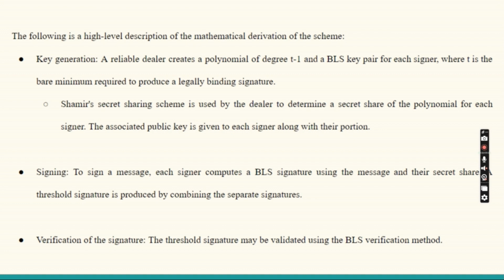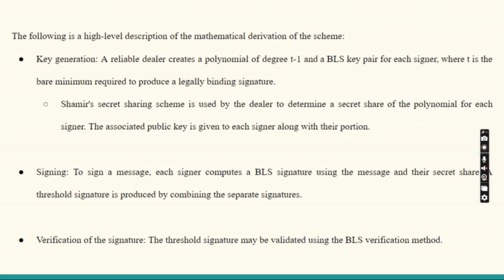For that, we have Shamir's secret sharing scheme, which is used by the dealer to determine a secret share of the polynomial for each signer. Also, the associated public key is given to each signer along with their portion.